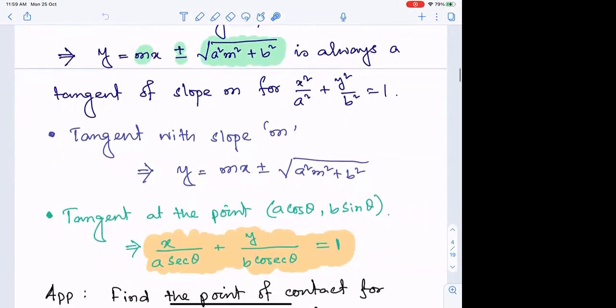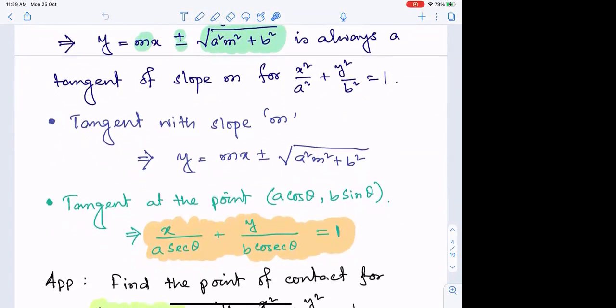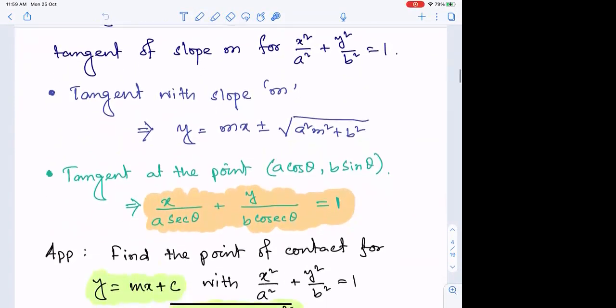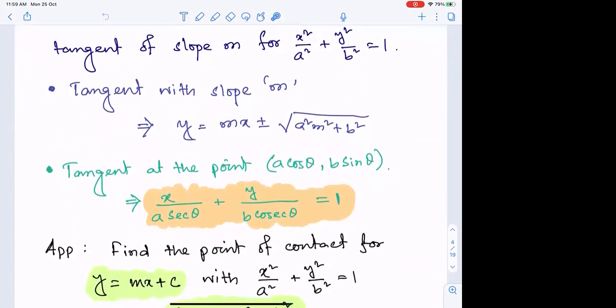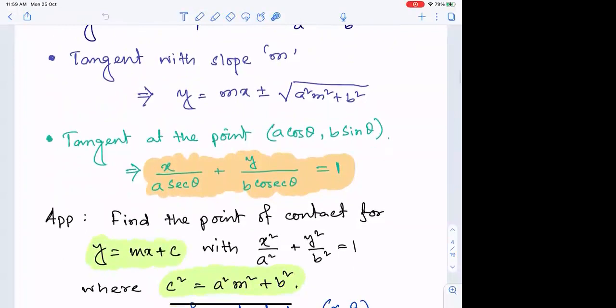Moreover, on that basis, if we try to apply this type of idea, we find the point of contact for y is equal to mx plus c with x square by a square plus y square by b square is equal to 1, where c square is a square m square plus b square, meaning the line is a tangent.